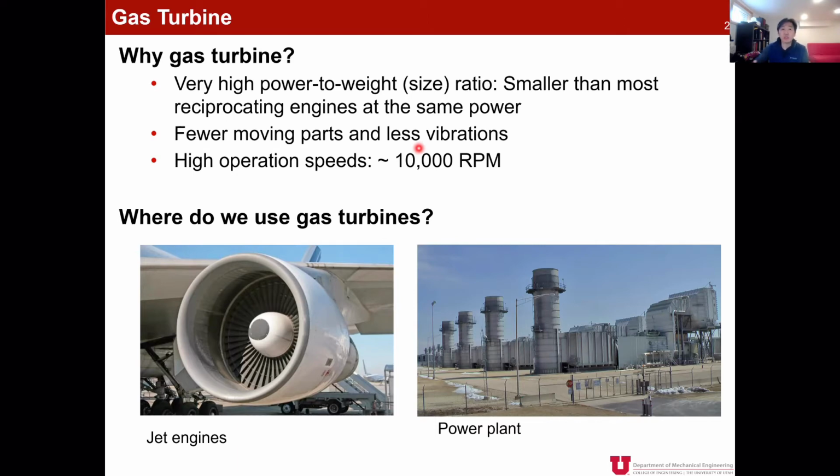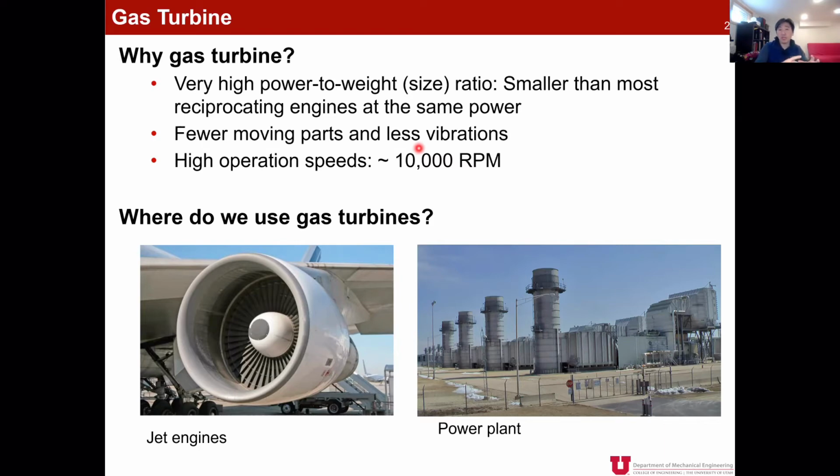And as a result, gas turbines have high operating speeds. From the RPM point of view, a gas turbine typically operates at around 10,000 RPM. But when you think about how you drive your car, and look at the odometer, the RPM of your car is usually around 2,000 to 3,000 RPM.